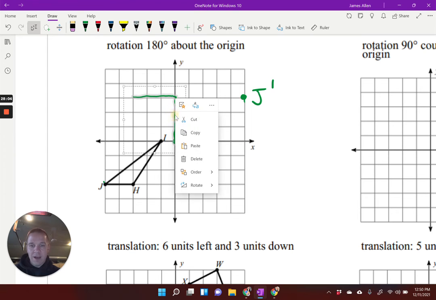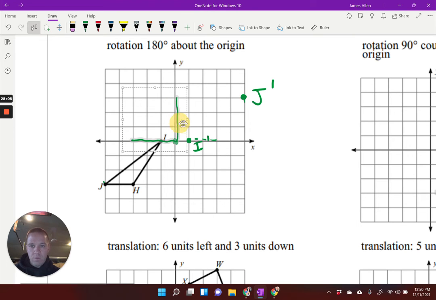And then I'm going to rotate it 90 again. And that goes right. It's got to be on that point, right? A little bit off there. There we go. And my point would be right there. Boom. All right. So that's going to be H prime. Let me get rid of that. So that's H prime. And get rid of my origin.